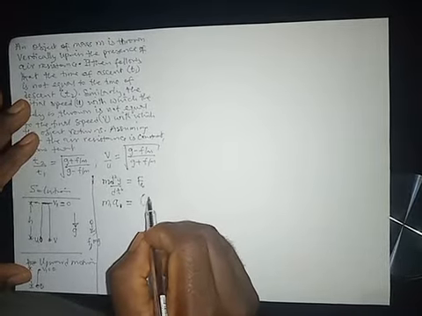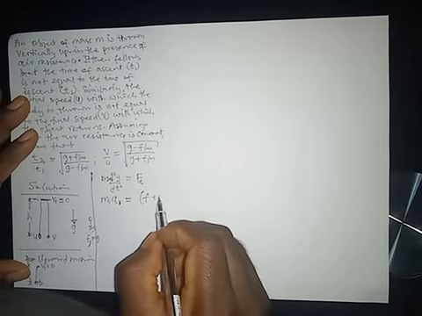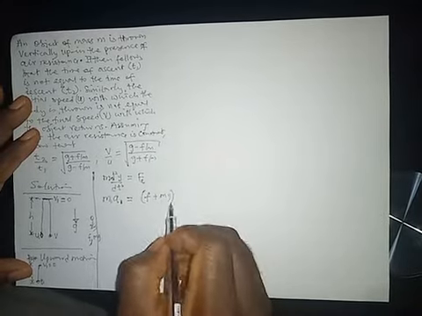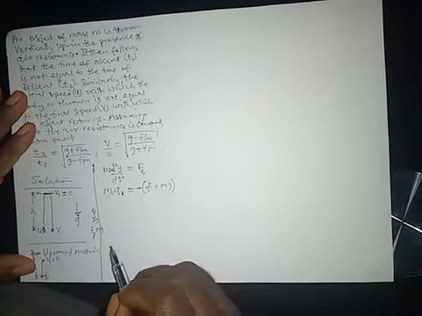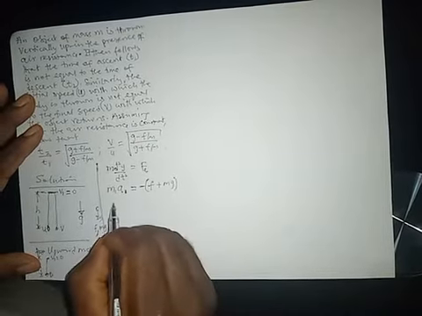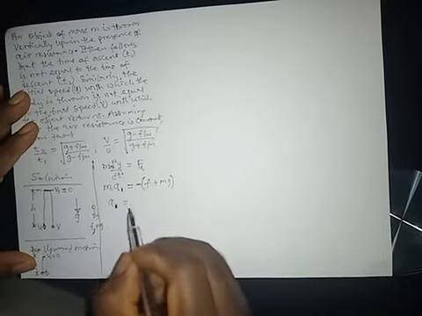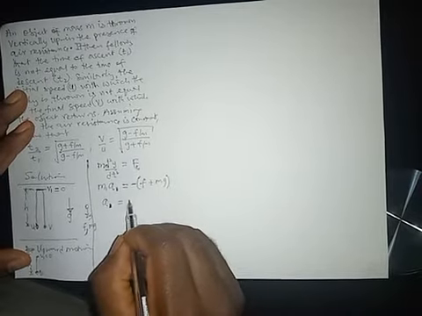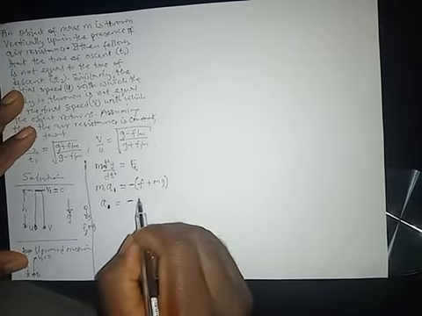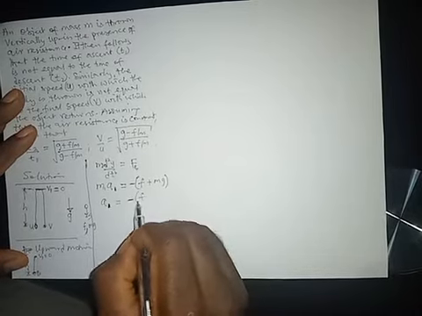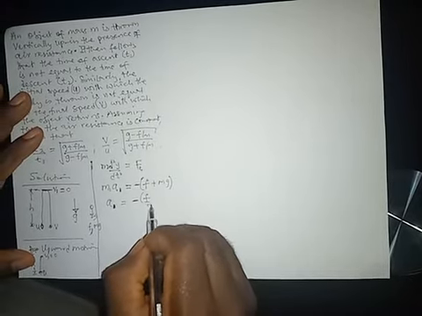So we have f plus mg acting on it, but they are negative. In this regard, we can make a1 the subject of the formula, which is the acceleration of the object. That will give us minus f minus mg, divided by m.